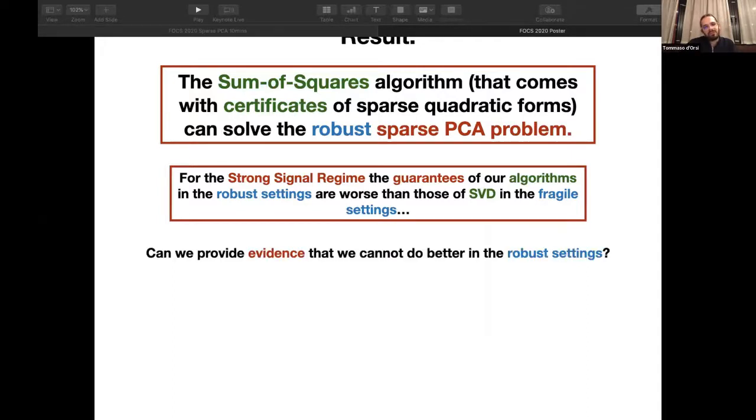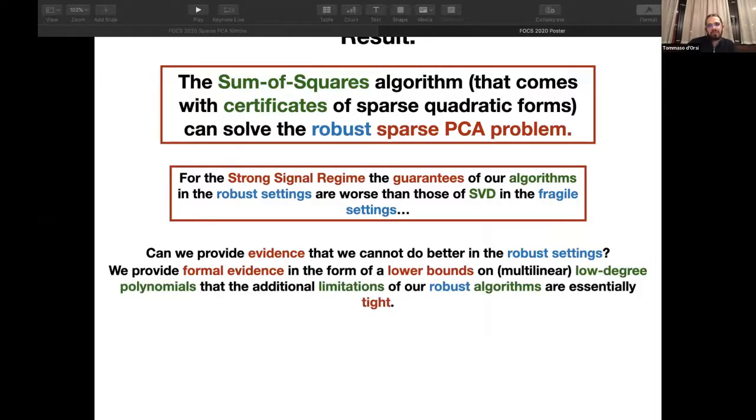So the natural question is now, why can't we do better? Is there some kind of evidence that shows that there's a price to pay for robustness? What we show is formal evidence, in the sense that we provide a lower bound for low degree polynomials. This essentially shows that the bounds on beta and D for the strong signal regime are tight.